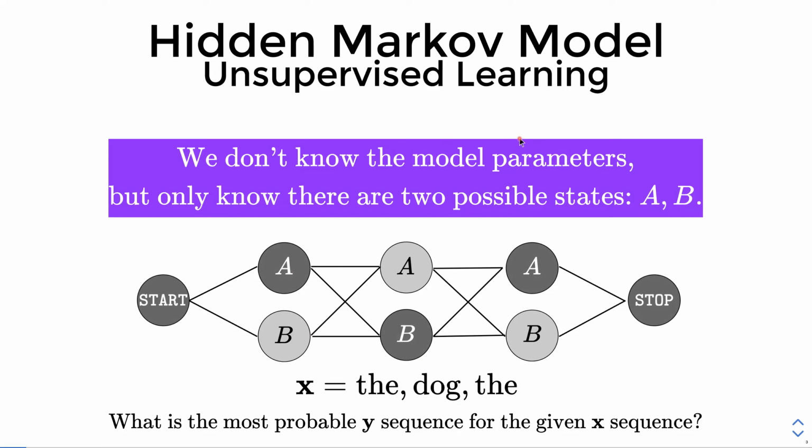And of course, once you know the model parameters, you should be able to assign to each X the most probable Y, by calling the decoding procedure. In the decoding procedure, if you are given the X input sequence and model parameters, you can produce the Y. So that's basically the setup for unsupervised learning.